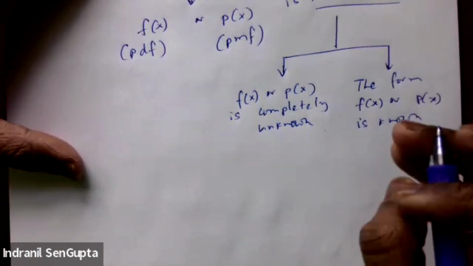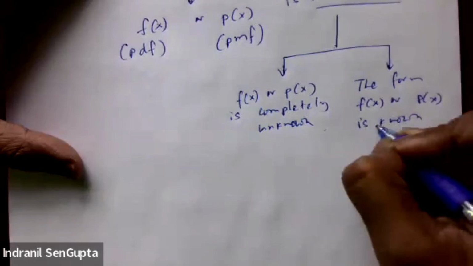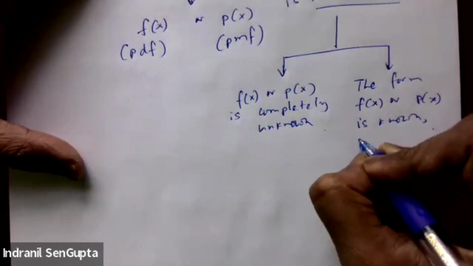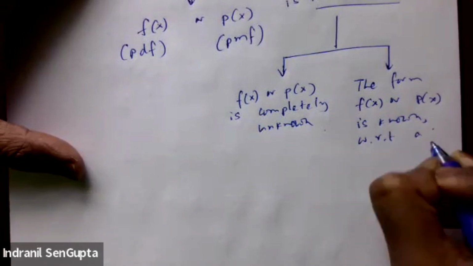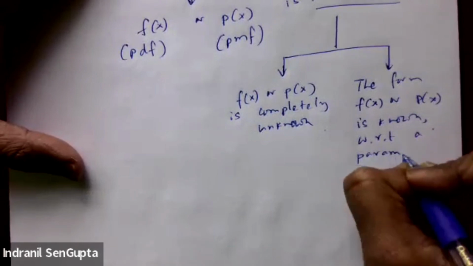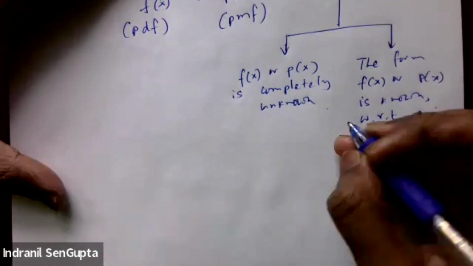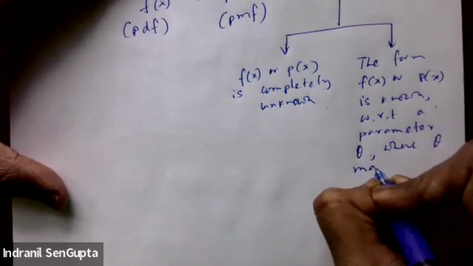But what we don't know is known with respect to a parameter theta, where theta may be a vector.